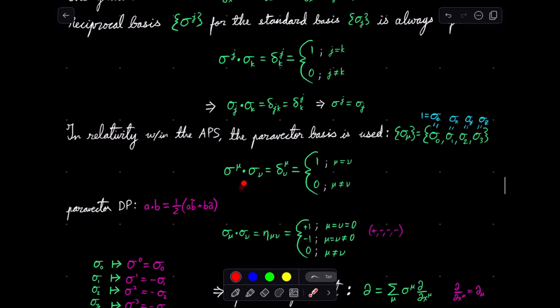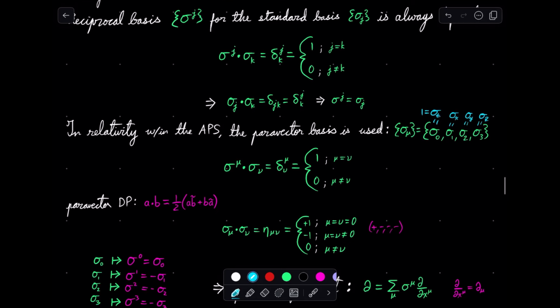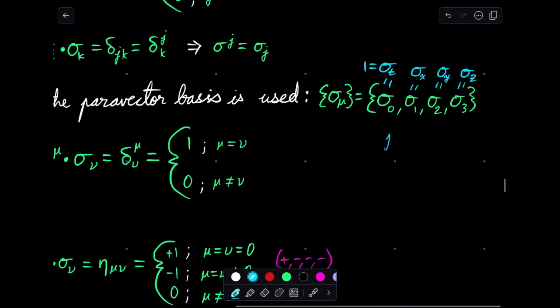Using this definition, where the dot product here is the paravector dot product, we get that the paravector dot product between the reciprocal basis with the standard basis is still the Kronecker delta. It's the same definition as here, but now we have the Greek indices, where typically j goes through 1, 2, and 3, and then mu goes through 0, 1, 2, and 3.